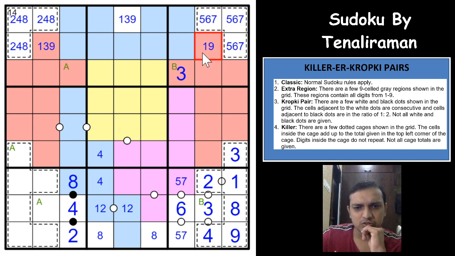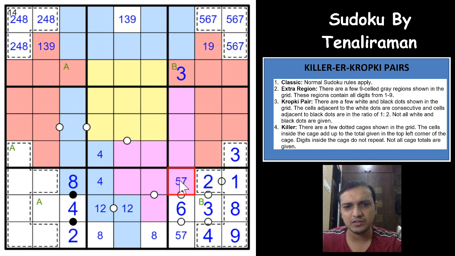Okay. So same way, whatever digit you have here, 5 or 7, let us assume you have a 5 here. That 5 once would appear in this white region, once appear in this white region. So once it would have to be appearing in one of these 2 cells. So the other way to see that is, whatever digits you have in these 2 cells would have to be in these 2 cells, right?